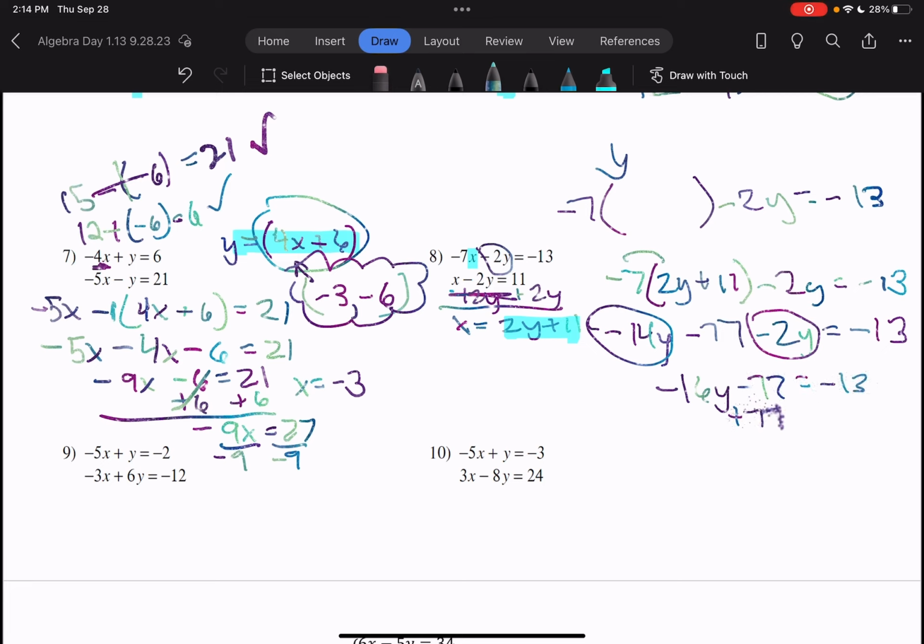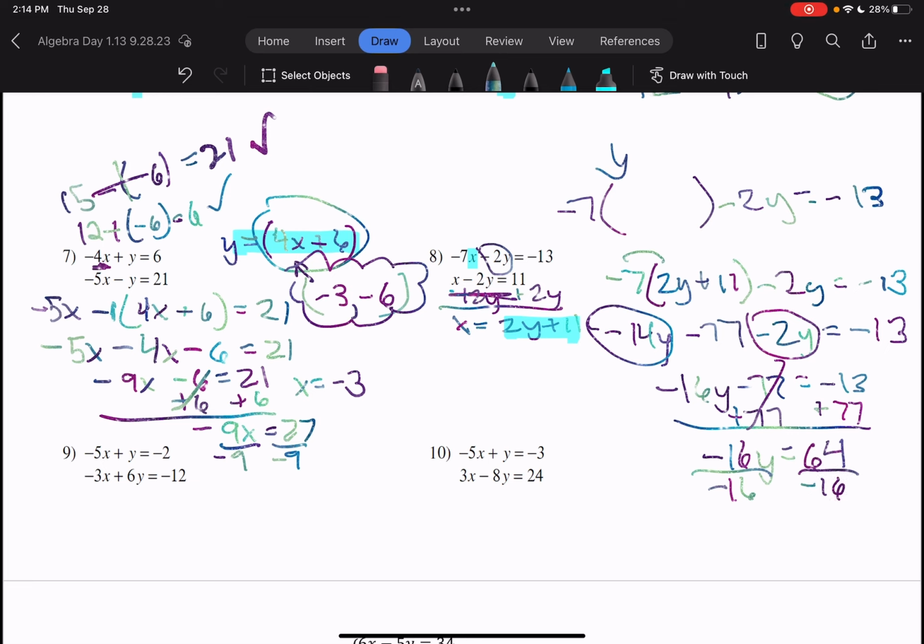And I'm going to add 77 now to both sides, because negative 77 and positive 77 will be 0. And I get negative 16y equals, so this is a negative 13 and a positive 77, which will give me 64. And then I'm going to divide both sides by negative 16.